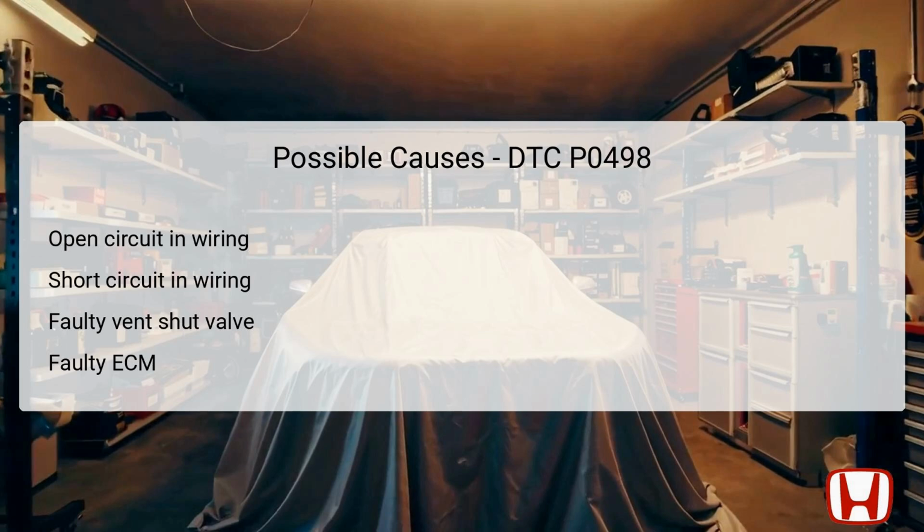Additionally, the vent shut valve itself could be faulty, physically stuck, or damaged, leading to inefficiencies in vapor management. Finally, a defective engine control module, ECM, could misinterpret signals from other vehicle components, causing the DTC to trigger. Identifying the exact cause is essential for implementing an effective solution.